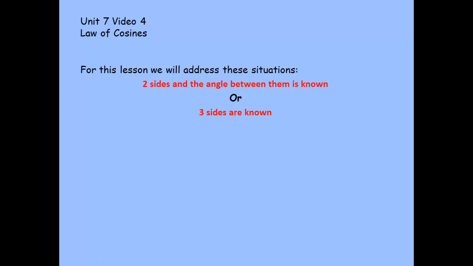So here's where we will address these situations. I'm actually going to give you here the law of cosines. And so there's actually three forms of this, and they're just manipulations of each other depending on the information given.